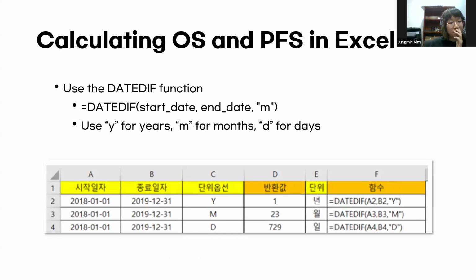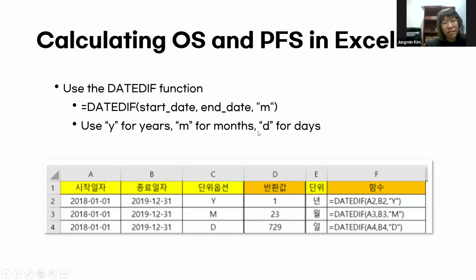And this is more practical stuff, but if you use Excel to calculate the overall survival or progression-free survival, using a function is more accurate than calculating it by yourself. This is the function you use often. It's called DATEDIF, short for date difference. You can put Y in here or M in here or D in here.